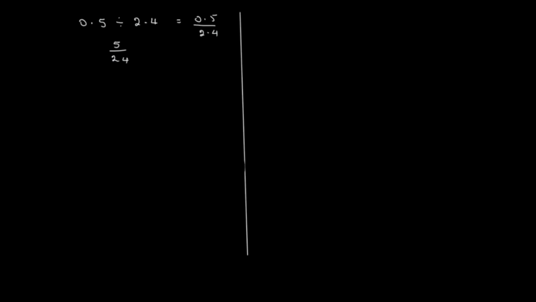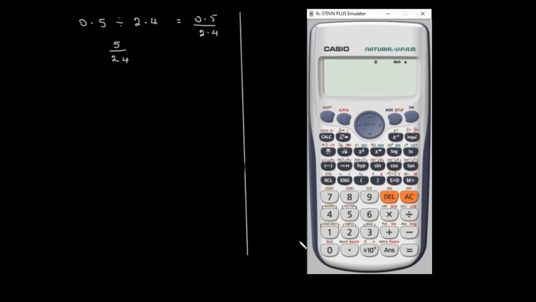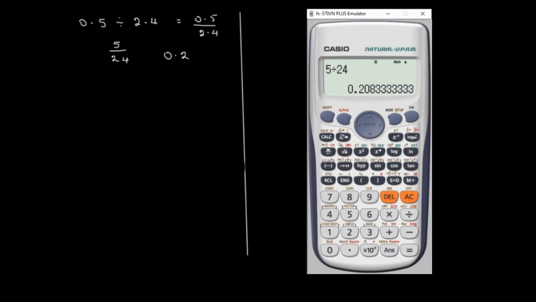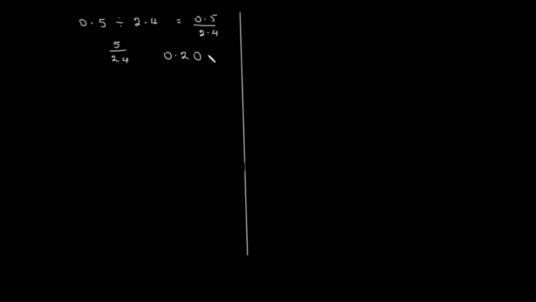Look at this. This is what they call a repeating decimal. If I do 5 divided by 24, we get this. That's the fraction. Now this little thing on mine means the 3s go on forever, so it will keep on repeating 3 and 3 and 3. A way of writing that, 0.2083, and you put a line above the 3, means the 3s go on forever.